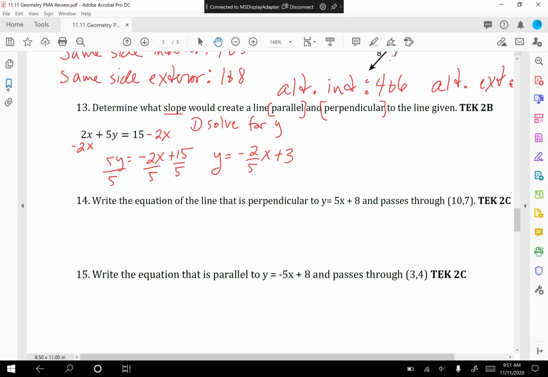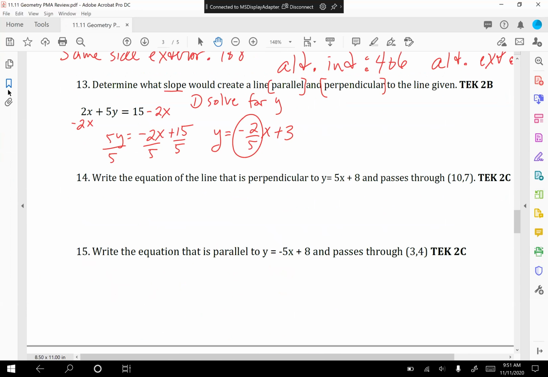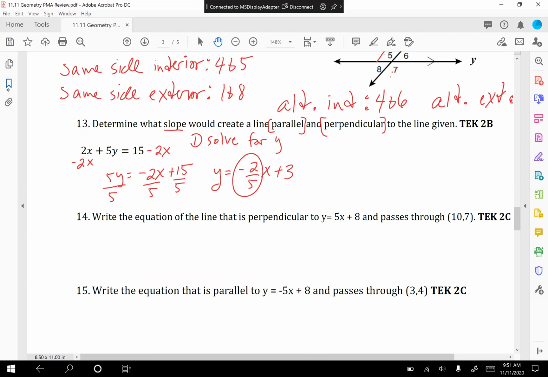Okay, all I care about for slope is that number right in front of the x. So that negative 2/5. So remember, parallel, oops, sorry. What do we know about parallel lines? The slopes are what? The same, yeah. And then perpendicular, yeah. So you change the sign and then you flip it.